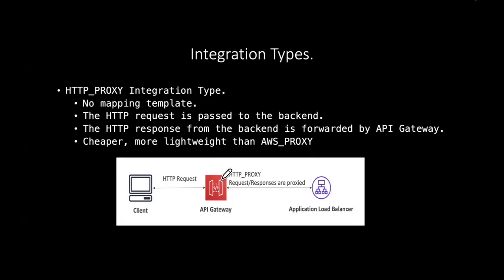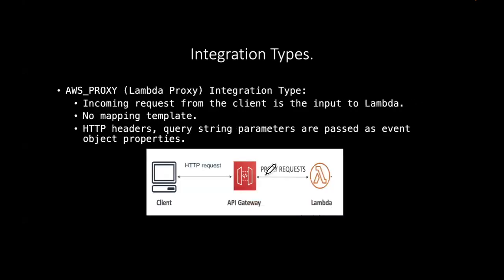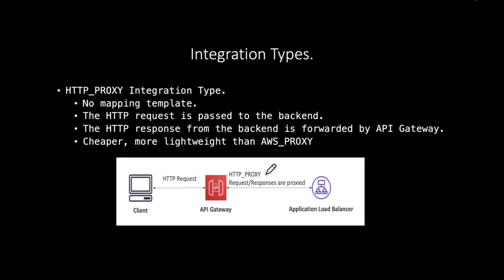So if your backend is something like an application load balancer and you still want to have an API gateway in front of it, then the integration type that you use for this connection is the HTTP proxy integration type. Right, so that's four integration types that are available to us, and you pick the one that's relevant based on the nature of your backend.